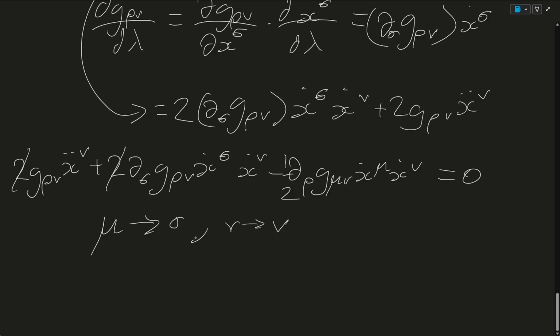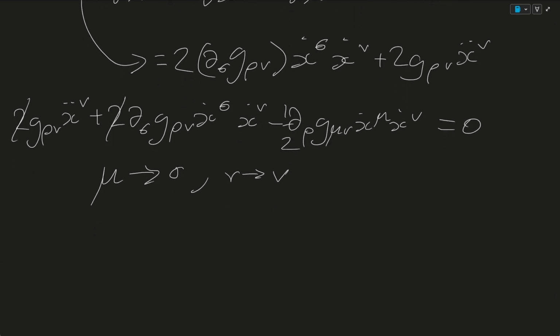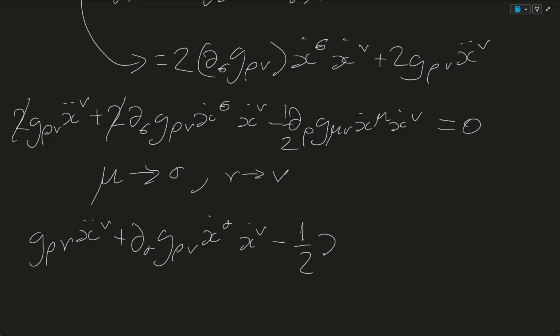So then this becomes g. There's just a lot going on, so bear with. Plus partial sub sigma g rho nu x dot sigma x dot nu minus half partial sub rho g sub sigma nu x dot sigma x dot nu equals 0.